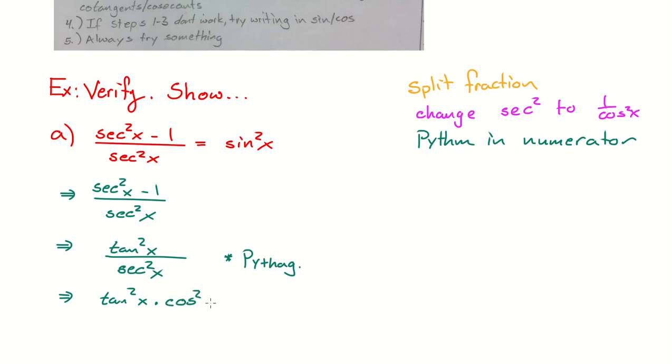Cosine squared. And the notation is secant squared x equals 1 over cosine squared. And I'm using the fact that I divided by 1 over cosine and it winds up flipping it. This was a part of changing everything to sines and cosines.